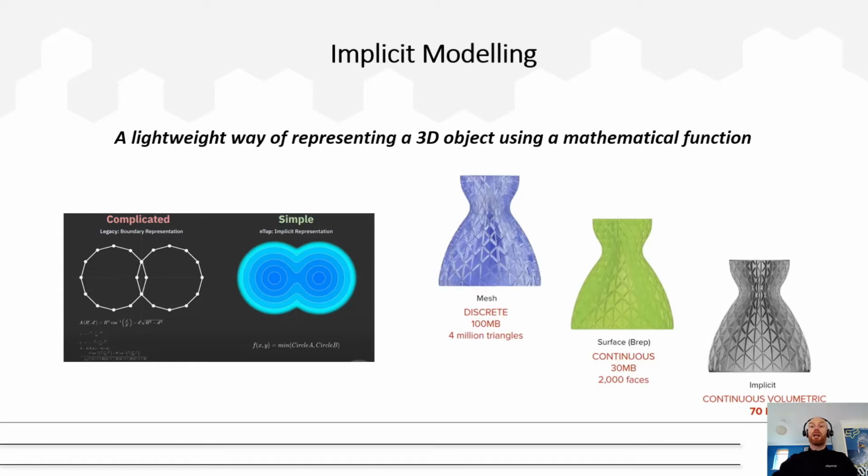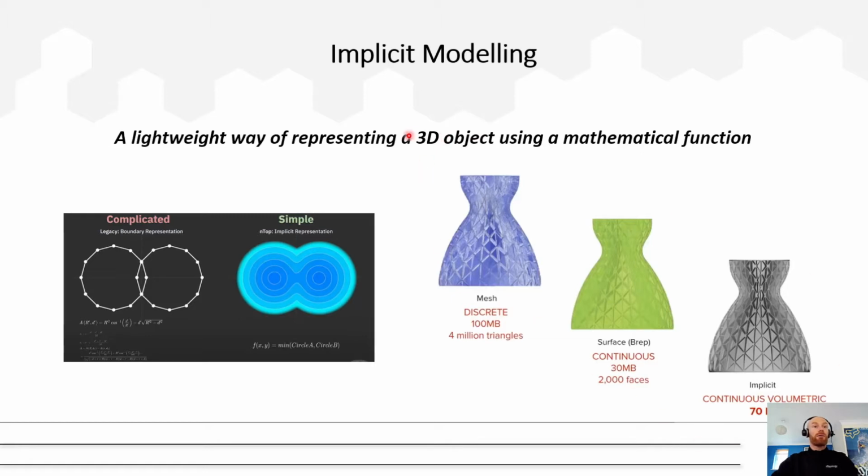And because we're just looking at a mathematical formula, the geometries are unbreakable. So intersecting bodies, overlapping faces, and inverted surfaces that we see errors with in traditional CAD packages are really a thing of the past in implicit modelling. So we can think of it as a volumetric way of describing a shape.